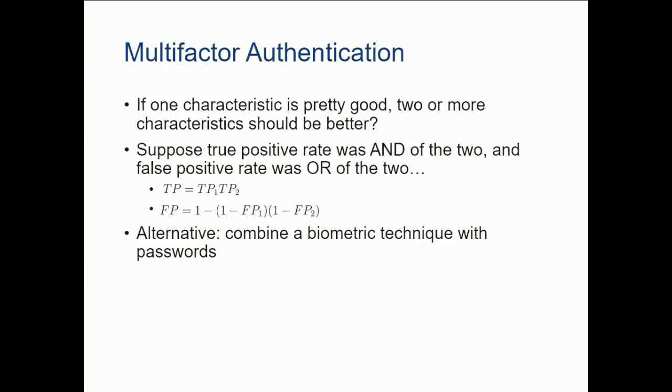In this case, the true positive rate is TP1 times TP2, and the combined false positive rate is FP1 times FP2. If it's an OR rule, what will happen? Maybe plus. I think this should be 1 minus (1 minus TP1)(1 minus TP2).